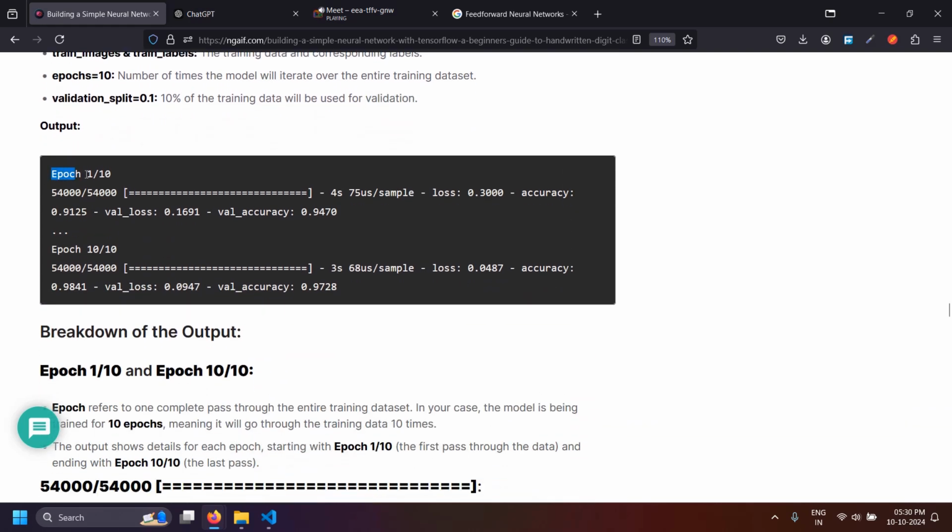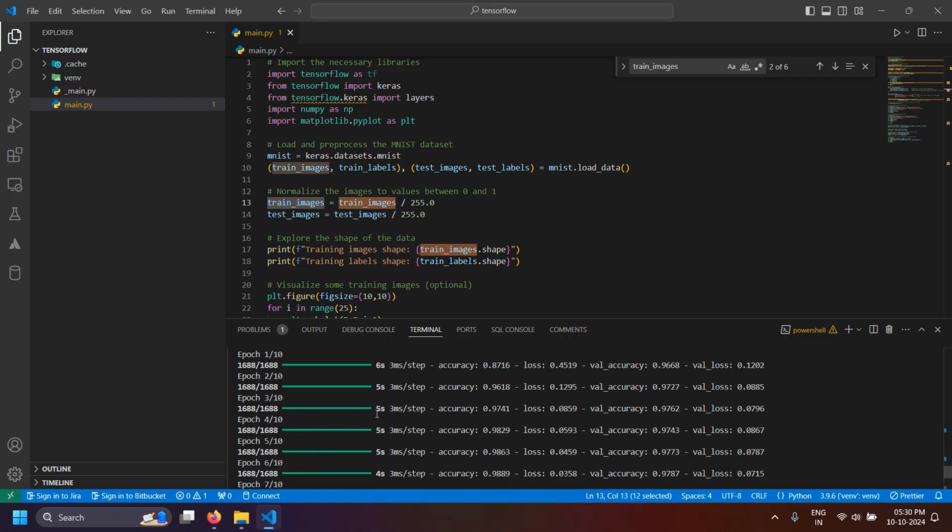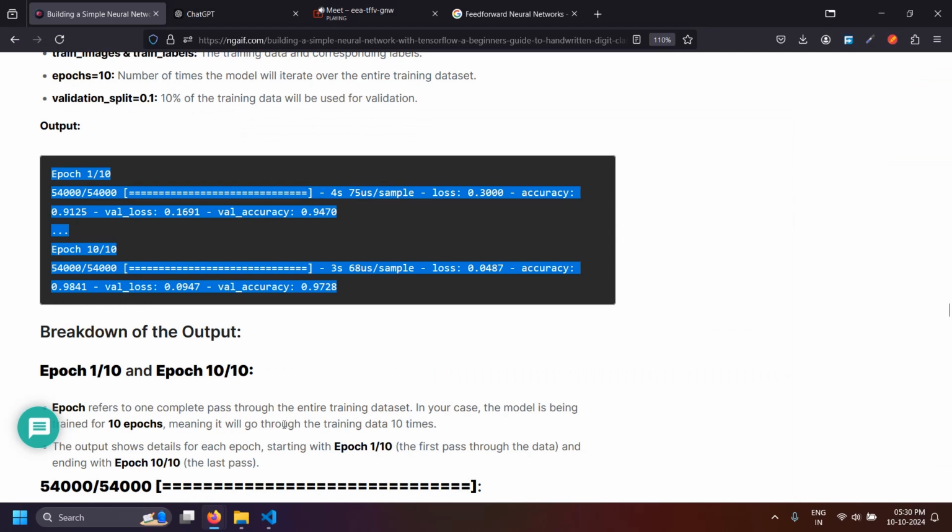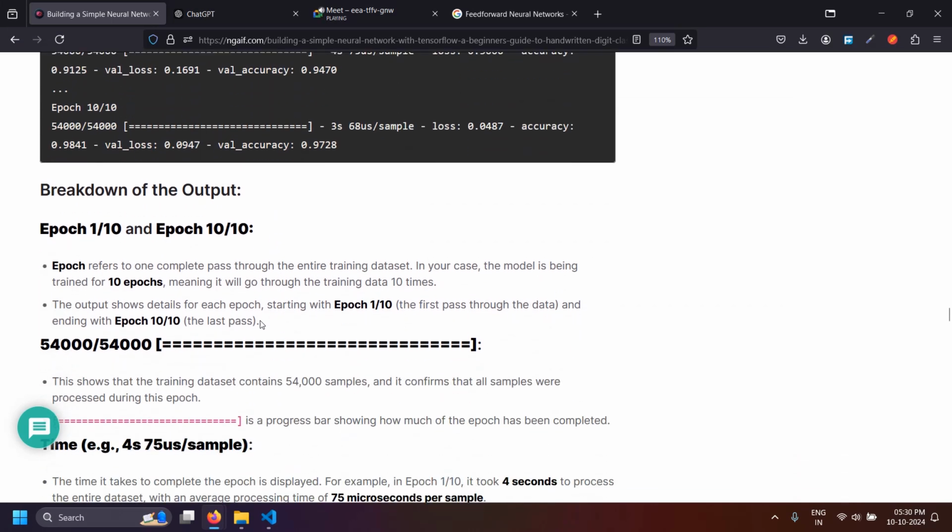This kind of output you are seeing in this terminal, I will tell you how to read this. Epoch refers to one complete pass through the entire training dataset. In your case, the model is being trained for 10 epochs, meaning it will go through the training data 10 times.